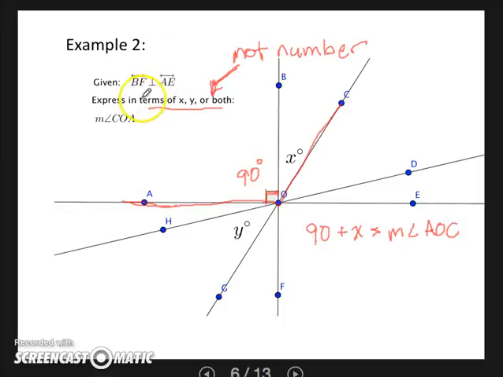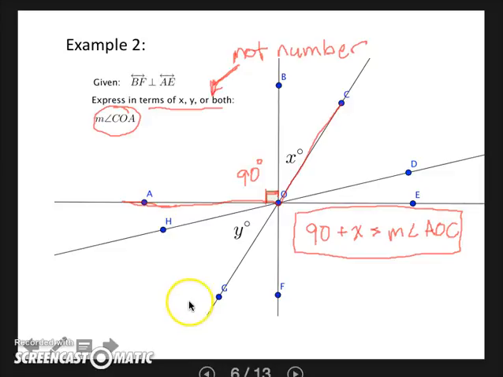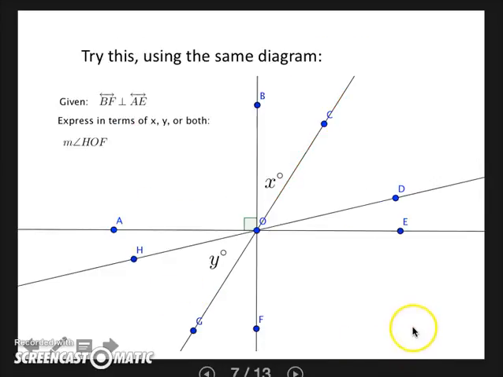Well, we were asked to express the measure of angle COA in terms of x, y, or both. Note that angle COA and angle AOC are in fact the same angle. So we have found the measure of that angle, and we found it in terms of x, y, or both. So we're done. You try this one using the same diagram.